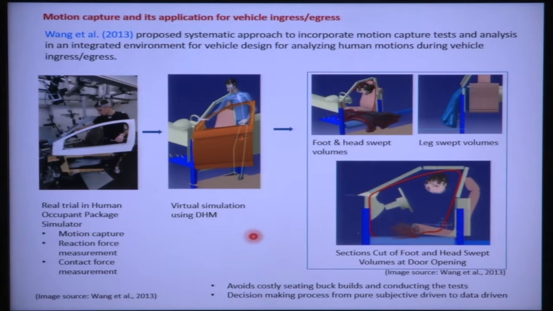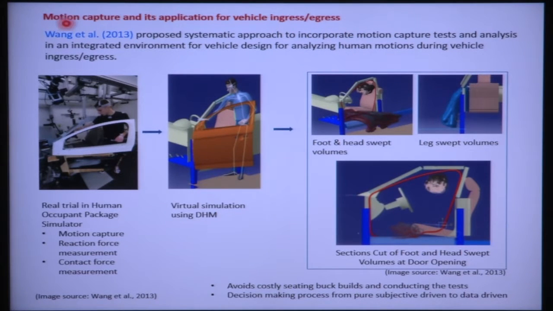In this particular slide we are going to discuss the research paper by Wang et al. 2013. In their paper they demonstrated motion capture and its application for vehicle ingress egress.